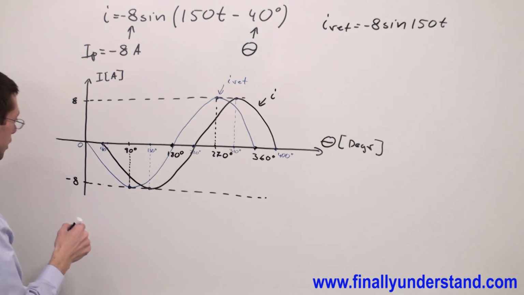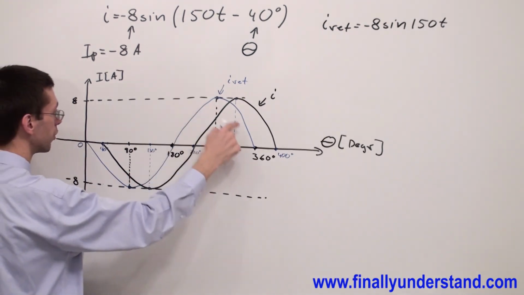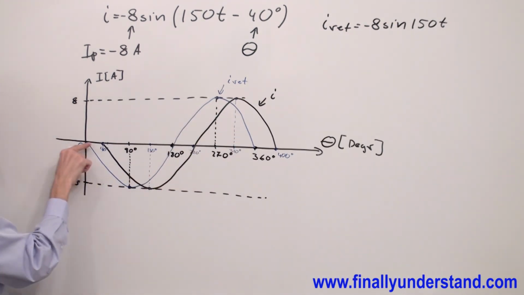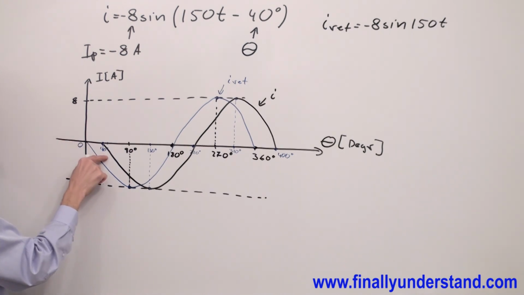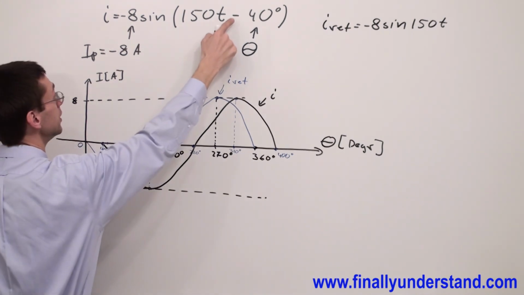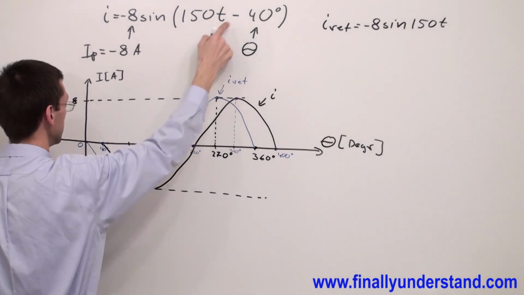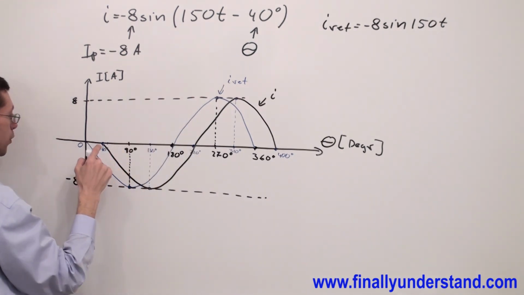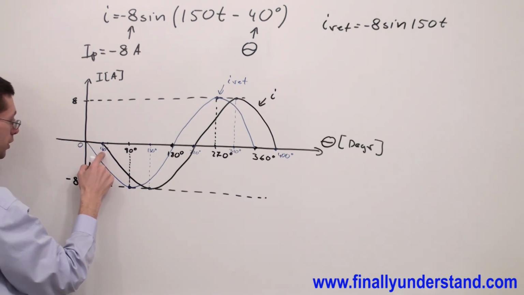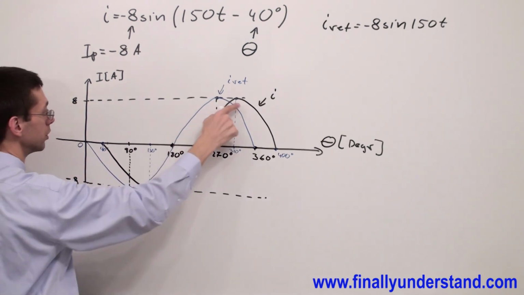As you can see, we moved the reference 40 degrees to right. One more time, we move this to right because this negative sign is telling me that my waveform has to lag my reference by 40 degrees. And this is the solution to my problem.